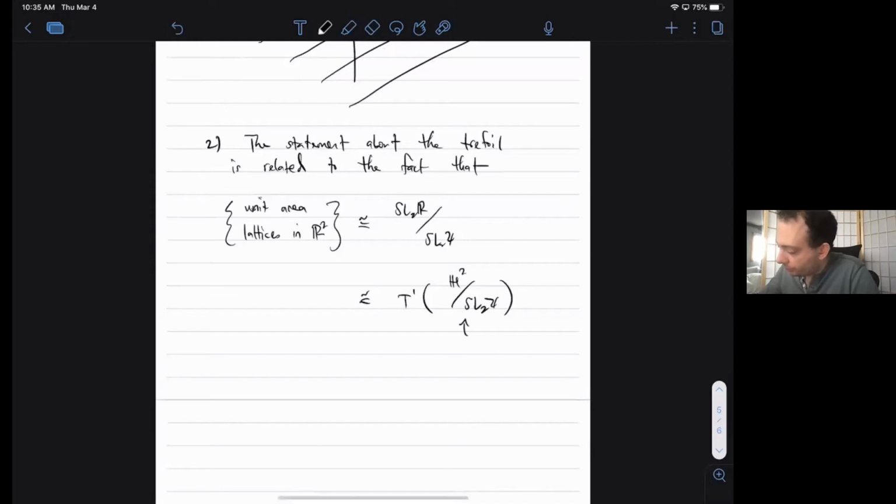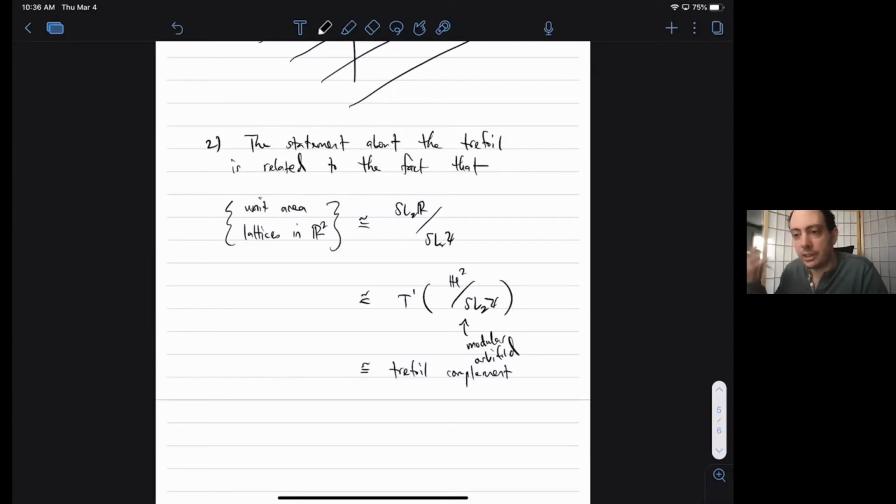So this is the modular orbifold. And it's well known that this is the trefoil complement. For the reason that both the trefoil complement and the unit tangent bundle of the modular orbifold are obviously Seifert fibered spaces.